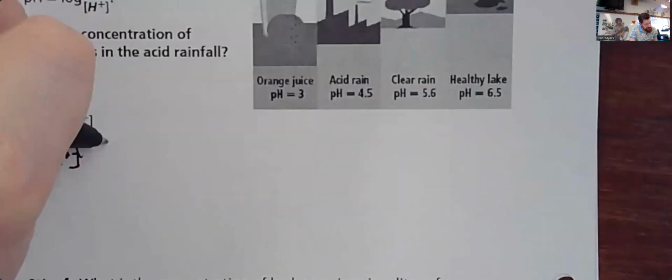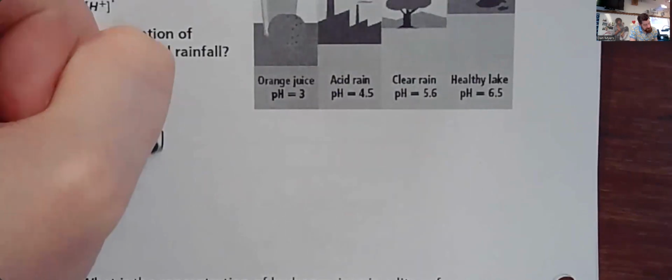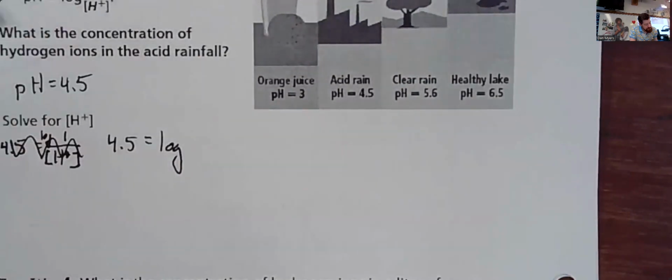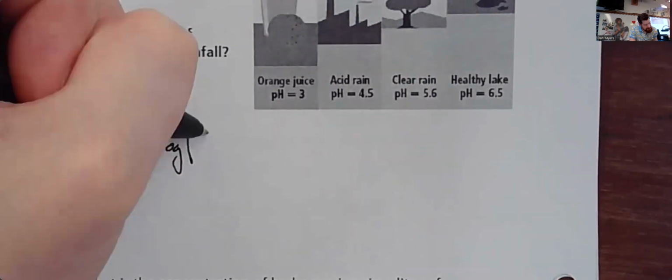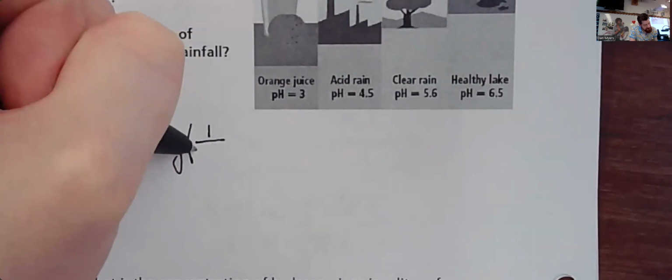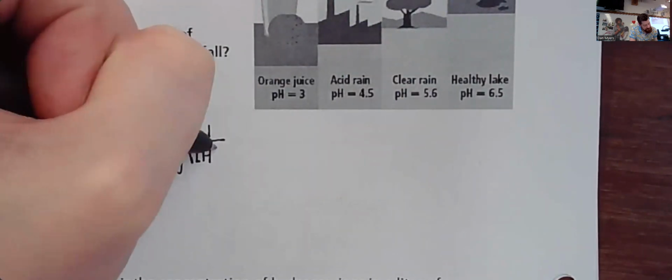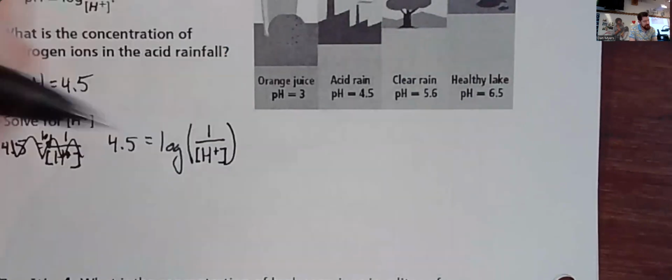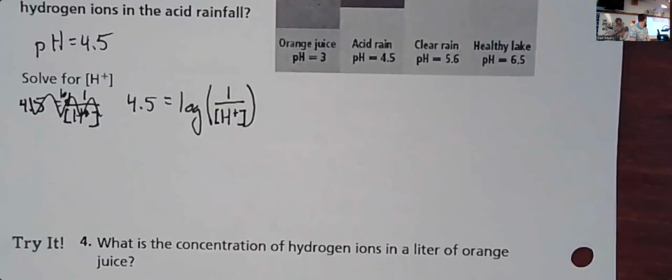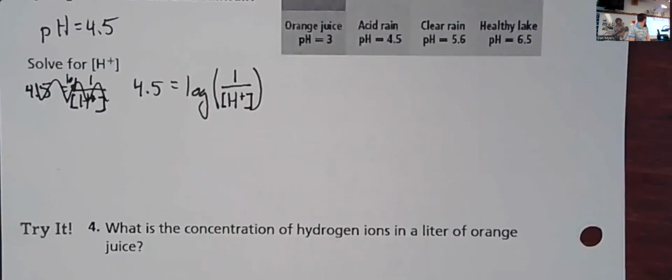Okay, 4.5 equals log, and then I'm going to put that in parentheses just to give us a better idea, because this is how we've been looking at things over this lesson. So how could we rewrite this?